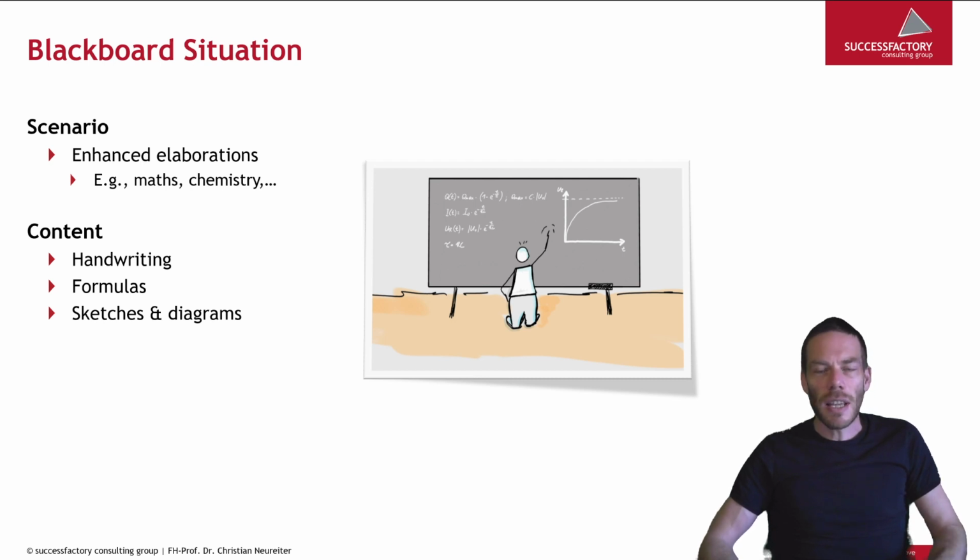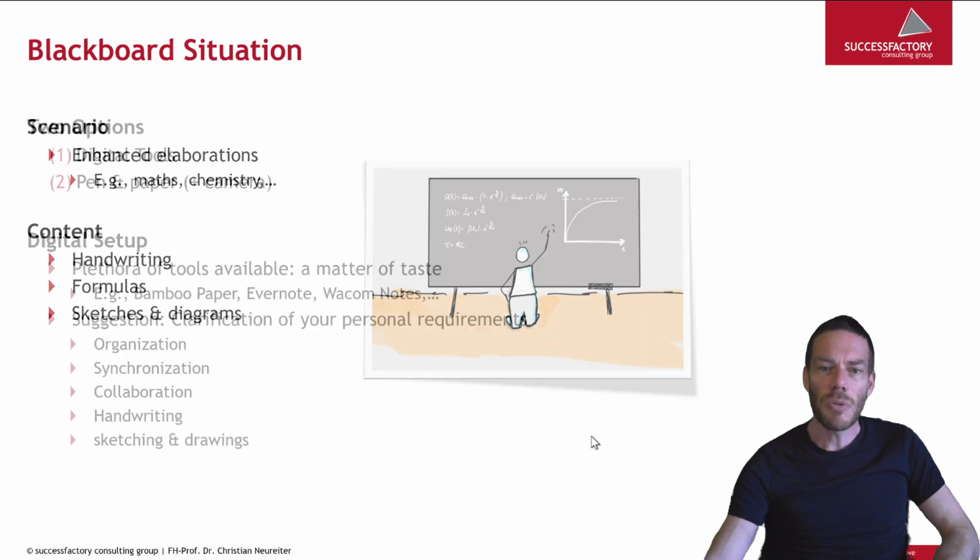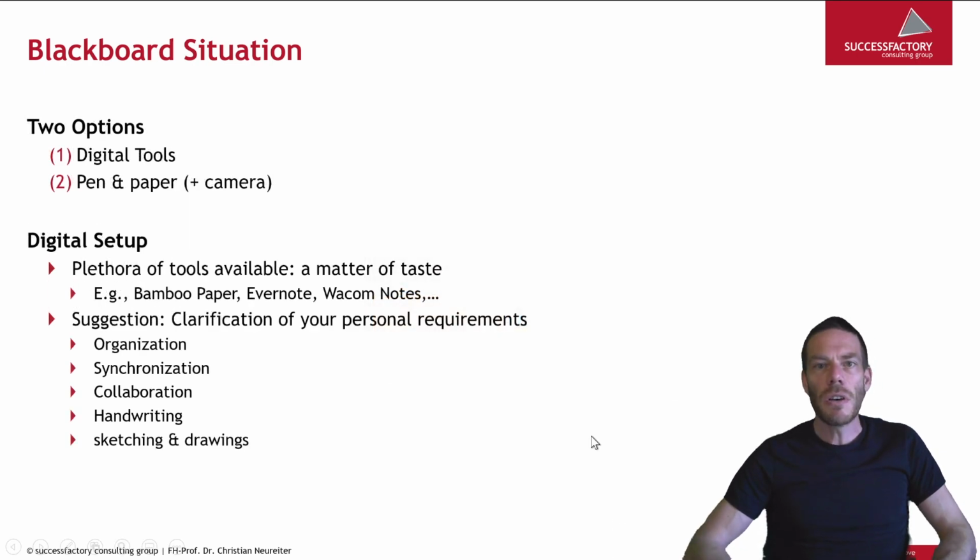So the content to consider probably is very much dominated by enabling of handwriting, how to write formulas, and maybe to complement it also with some sketches and diagrams. And if we try to transfer our teaching approach that we know from on-site situations into a digital scenario, then we typically have two options.